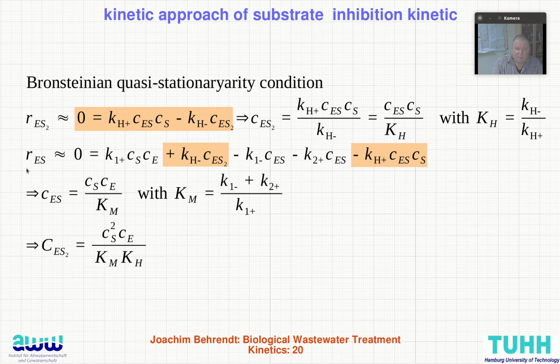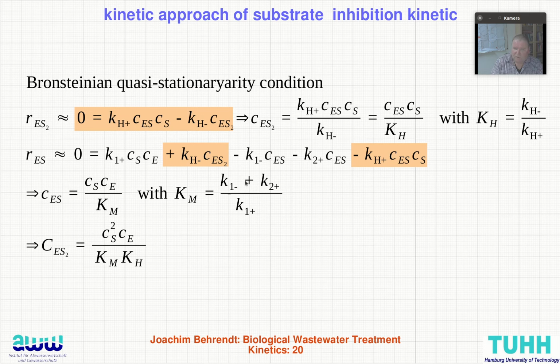We then make the quasi-stationarity condition for the enzyme-substrate complex, where the reaction to CES2 also occurs, and we see this difference is 0, and finally we can eliminate this, and it comes out the same as we always had.